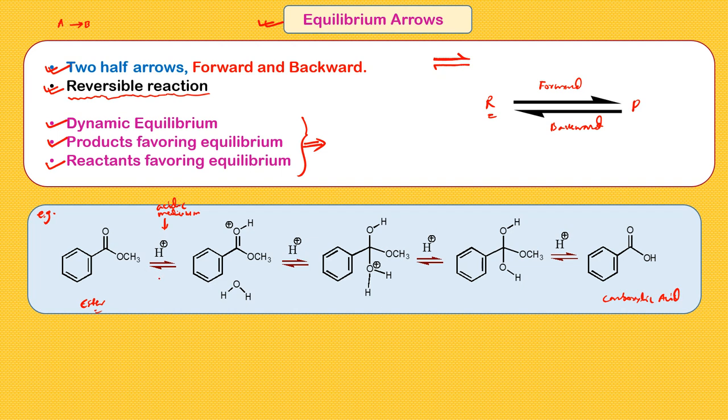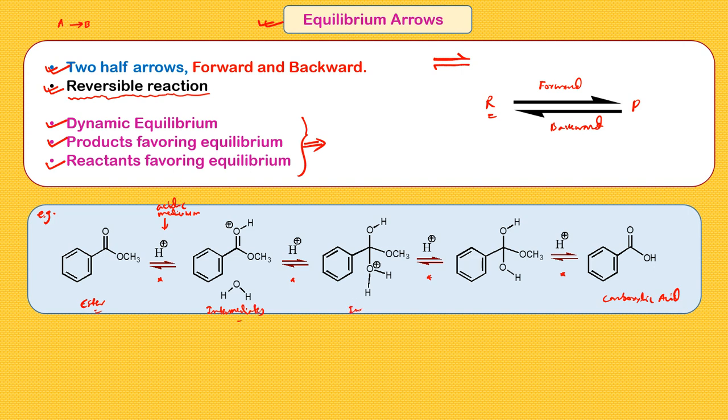So if we are using this equilibrium arrow over here, what is the meaning of this and what kind of information can we describe? Overall, in this transformation we are observing that it is passing through different intermediates. All these intermediates are guiding us.